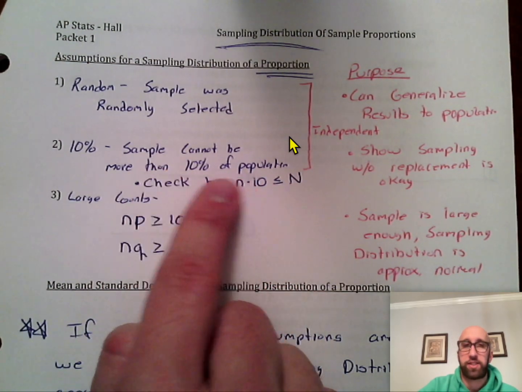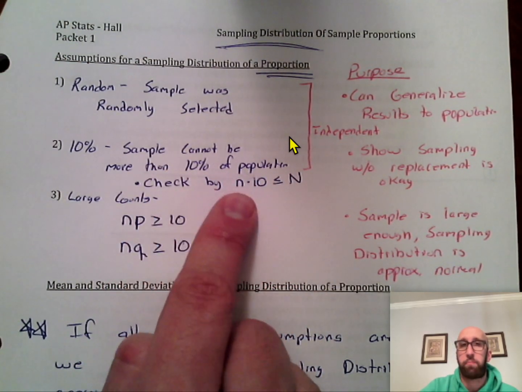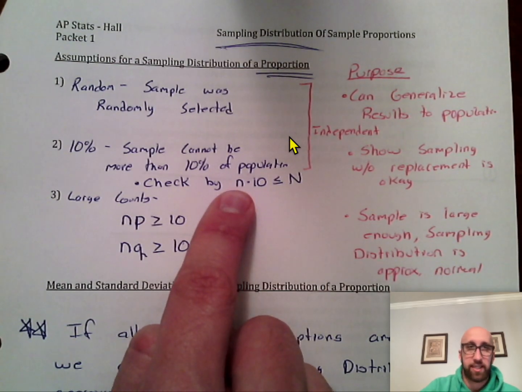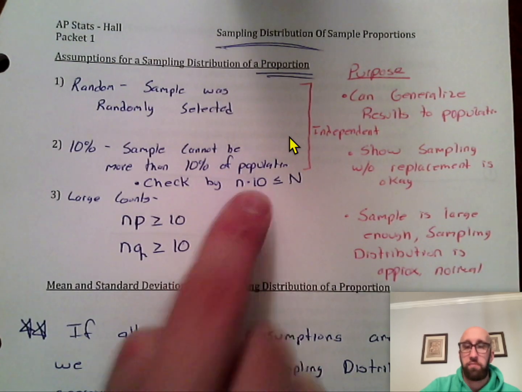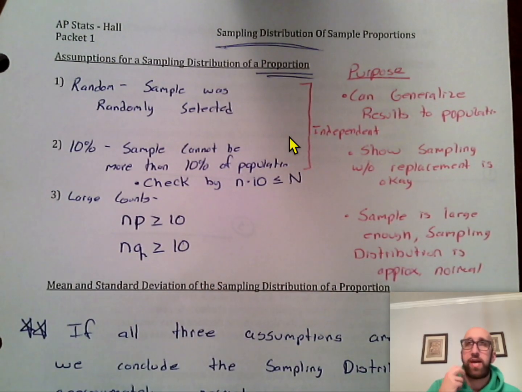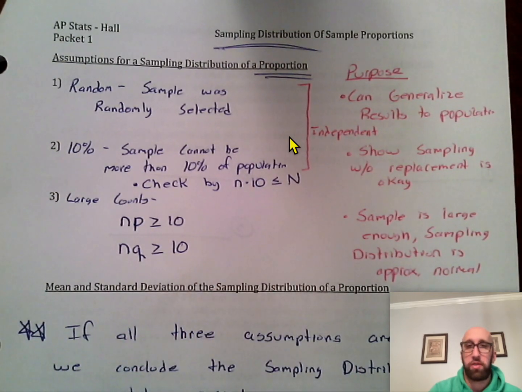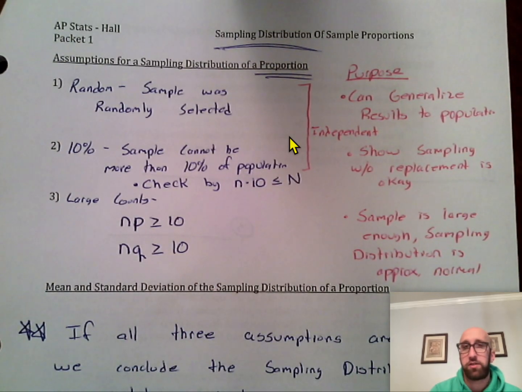A lot of times I'll just state that this is happening, but you can check by taking your sample size, that's small, lowercase n here, and multiplying it by 10. If you take your sample size, multiply it by 10, and you're still smaller than the population size, you've met the 10% condition, okay? So we want to make sure of that.